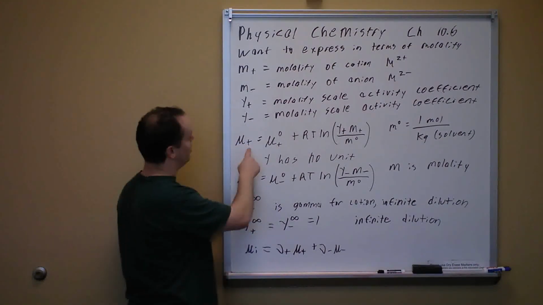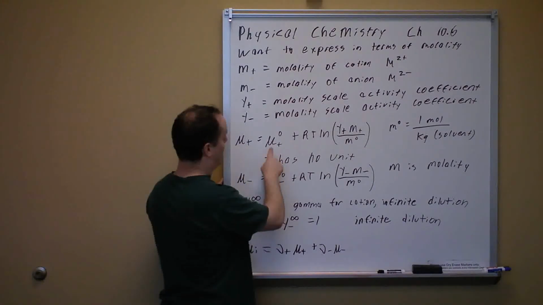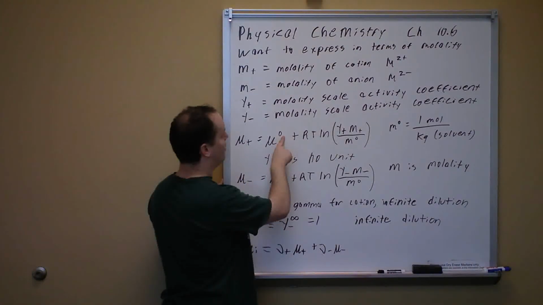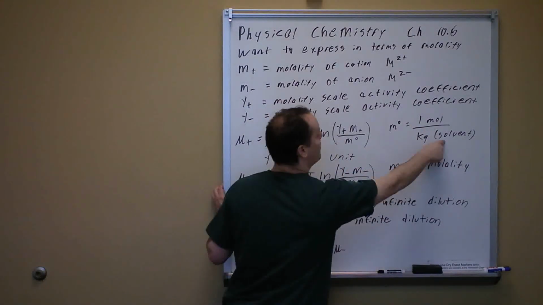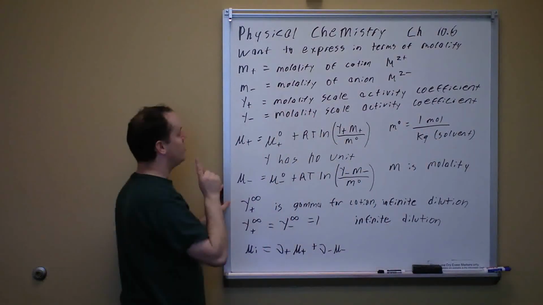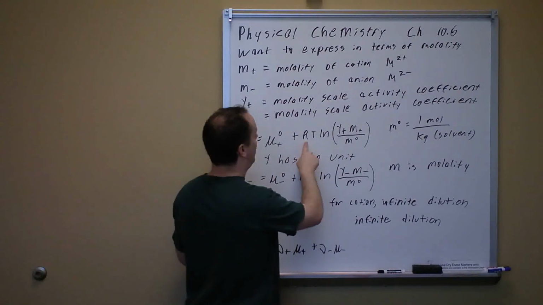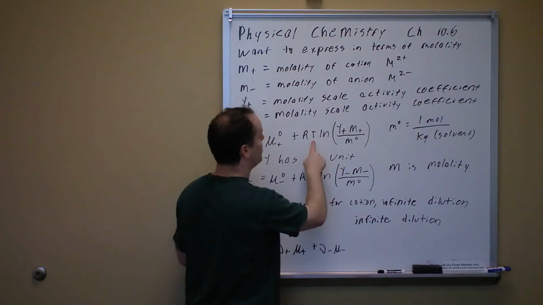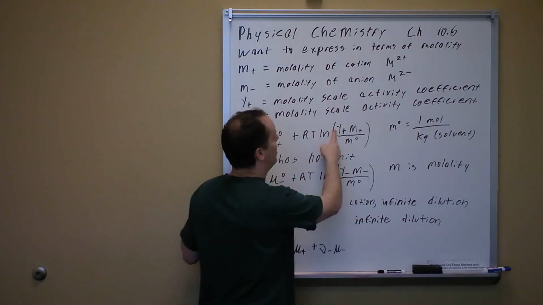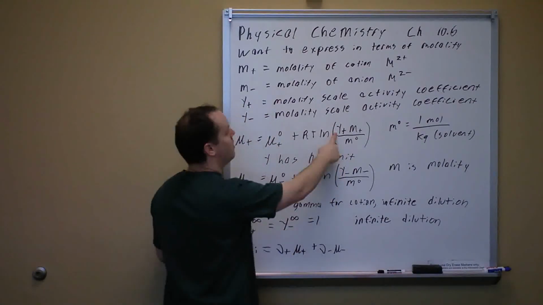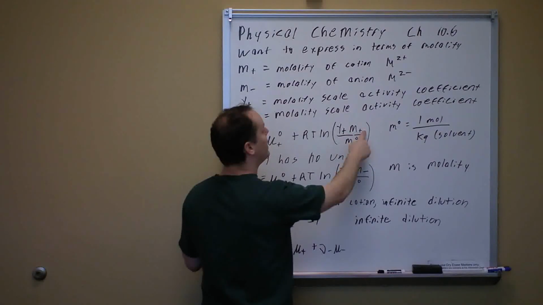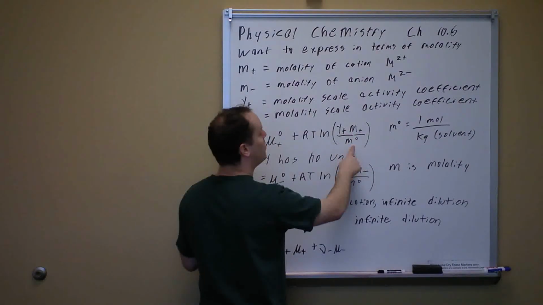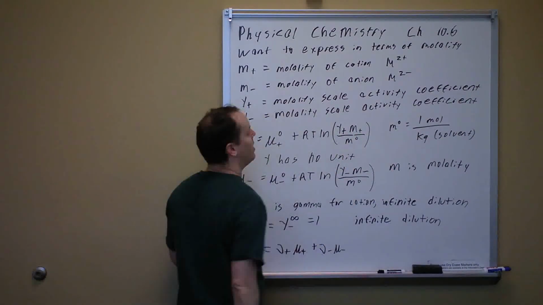To find the chemical potential of the cations, it's going to be the chemical potential of the cations in the standard state, standard state meaning 1 mole per kilogram of solvent, not solution, don't get that twisted, plus RT, that's temperature obviously, times the natural log of our gamma plus activity coefficient times the molality of the cation divided by the molality of our standard state.